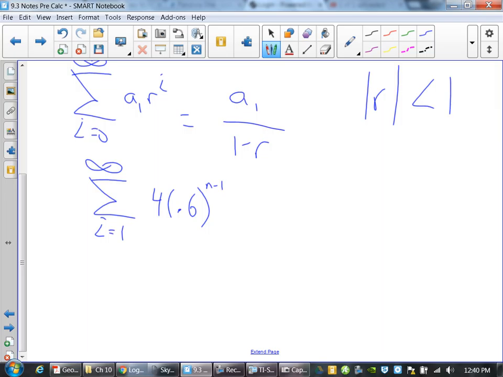What's your rate? 0.6. So that means it winds up being 4 over 1 minus 0.6. That'll tell you what the sum is as it approaches infinity, how much it adds up to. Remember, if the absolute value of your r value is greater than 1, it doesn't have a sum. It won't work. That's really the only rule.